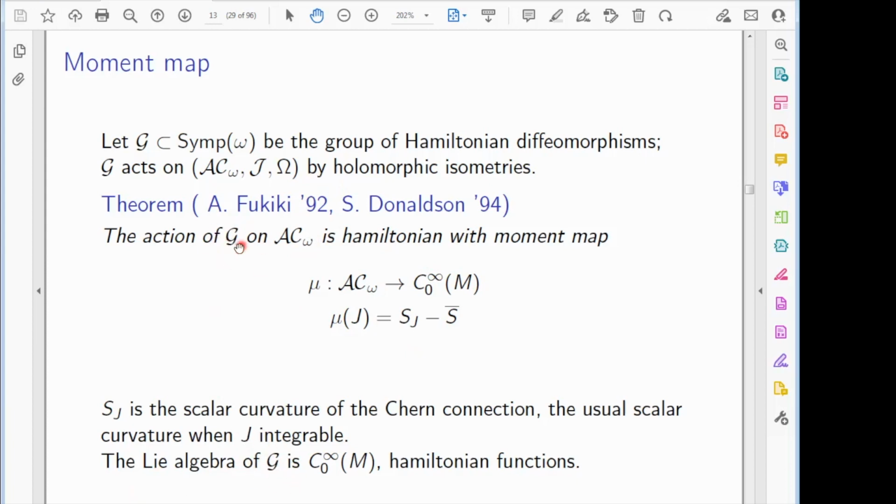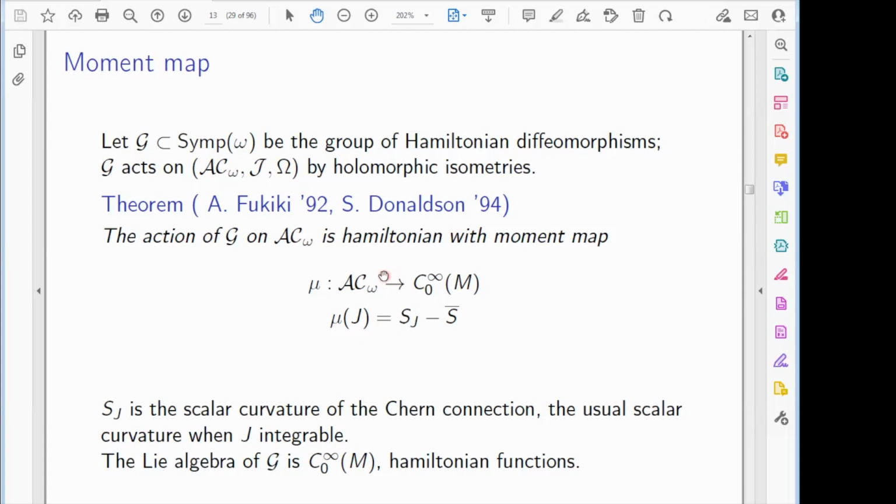So here we have the action of the Hamiltonian group, and in analogy with finite dimensional geometric invariant theory, in the slides I've denoted script G as the Hamiltonian group. If you're going to work as in finite dimensional geometric invariant theory, you consider the orbits of the complexified group.